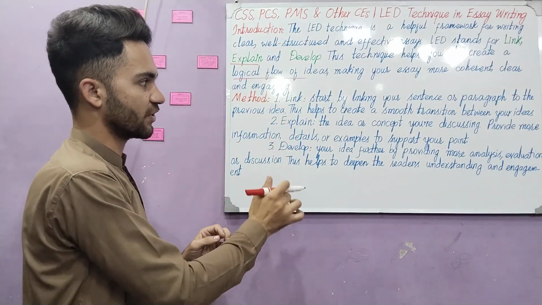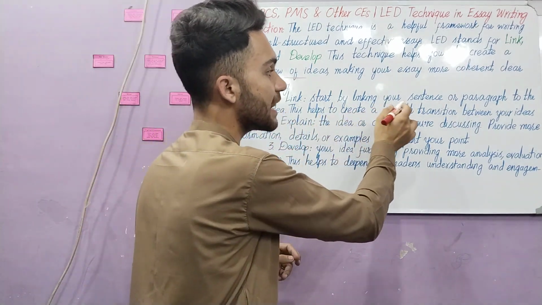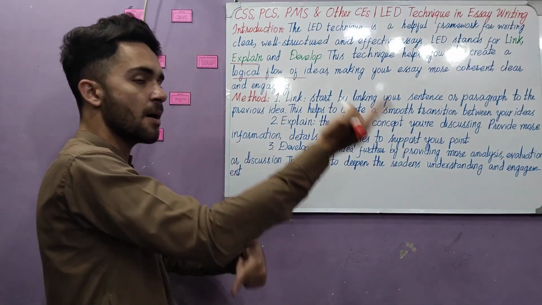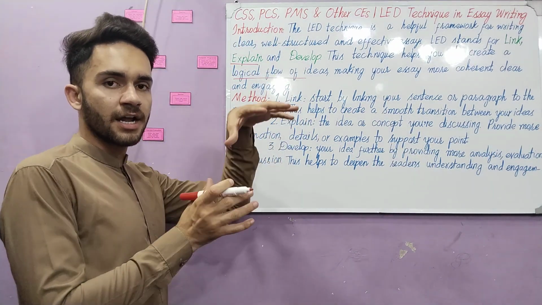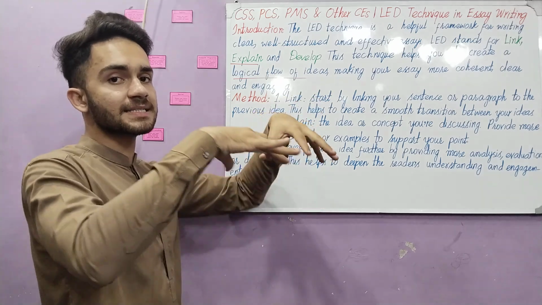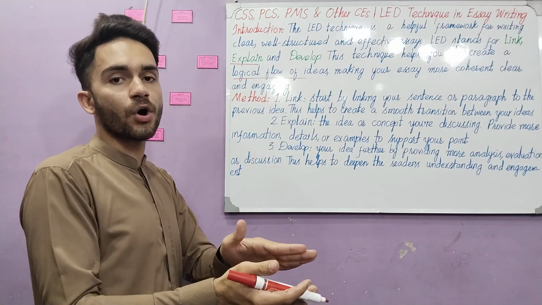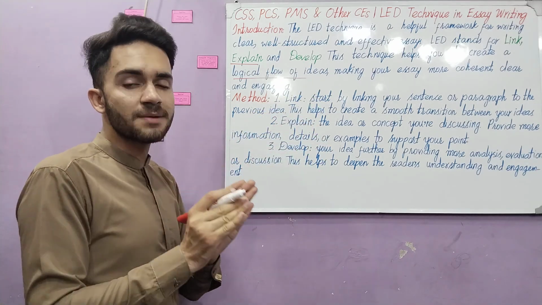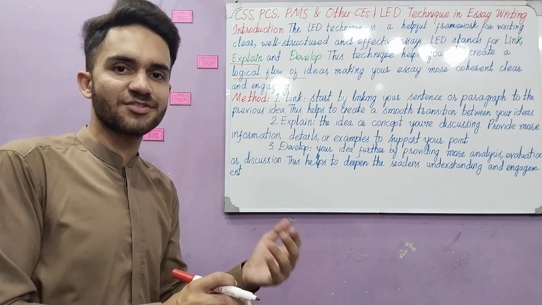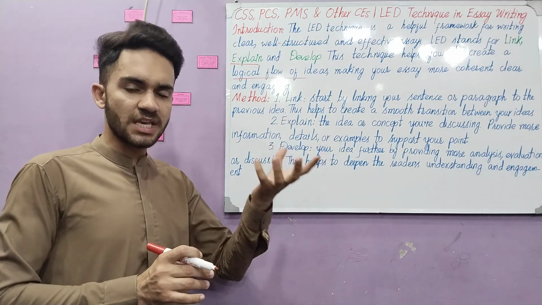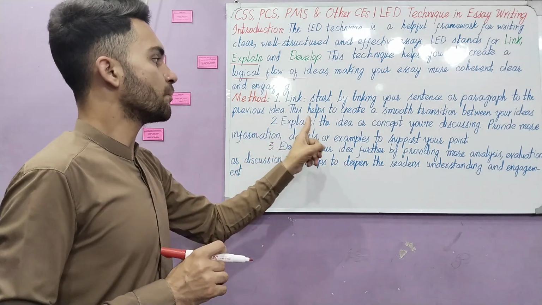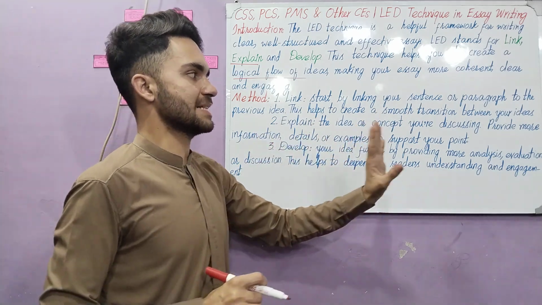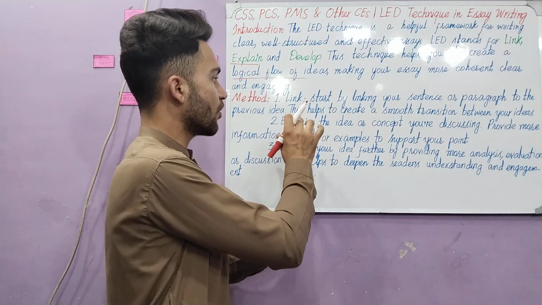Now, what is the method of it? Number one, link. Start by linking your sentence or paragraph to the previous idea. Whatever idea you told previously, the introduction you have done, that is a separate body. After that, the body paragraphs will come. The body paragraphs must be interconnected with the previous ideas, be they sentences or complete ideas. This helps to create a smooth transition between your ideas.